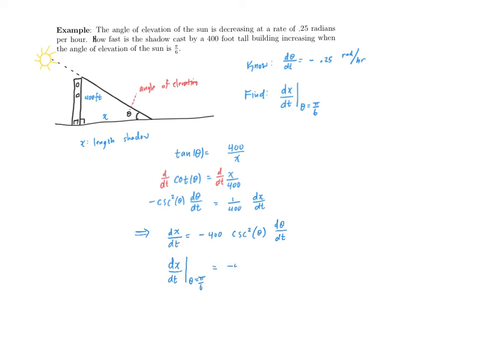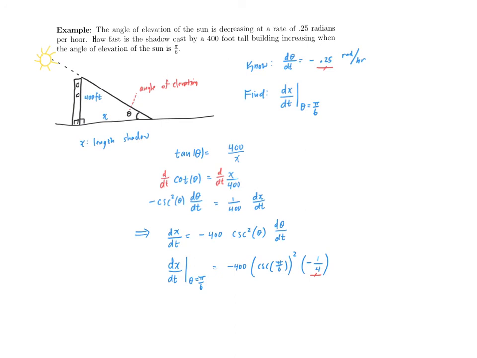This would be minus 400, and we have cosecant squared. So I'm going to write this as cosecant of pi over 6 quantity squared multiplied by d theta dt. And d theta dt is minus 0.25, which I'll write as minus 1/4, hopefully to help simplify in a moment.